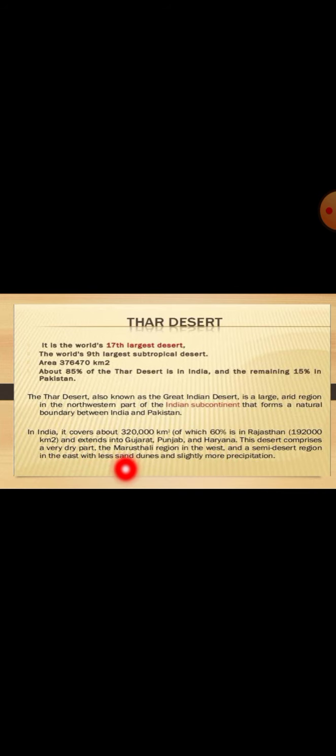This desert comprises a very dry part with a very hot type of climate, the Marusthali region in the west, and the semi-desert region in the east with fewer sand dunes and slightly more precipitation.